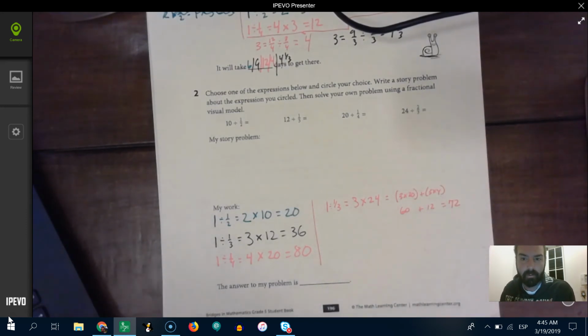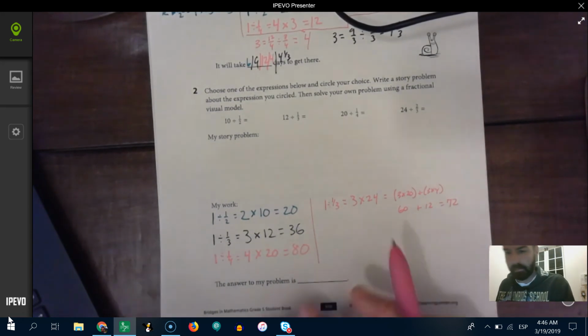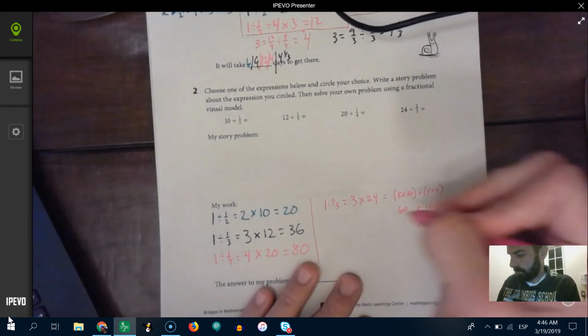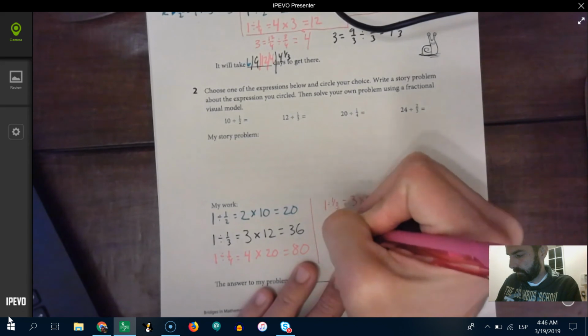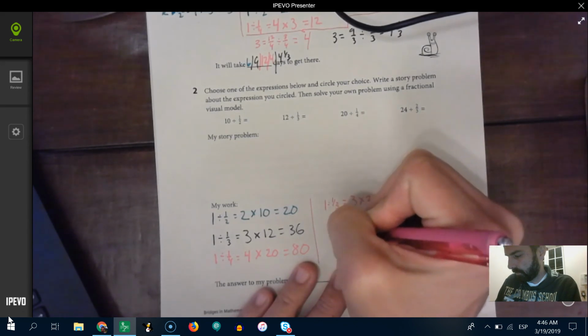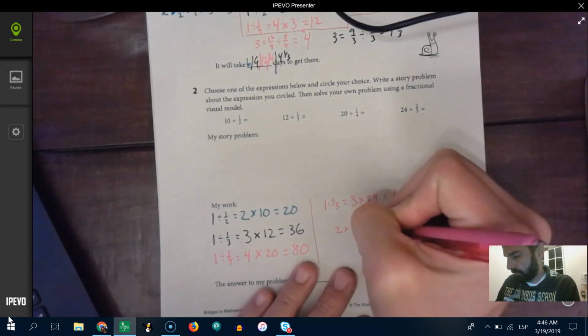However, if we look at the relationship between 1/3 and 2/3, 2/3 is double 1/3, right? If I have two sets of 1/3, that equals 2/3.